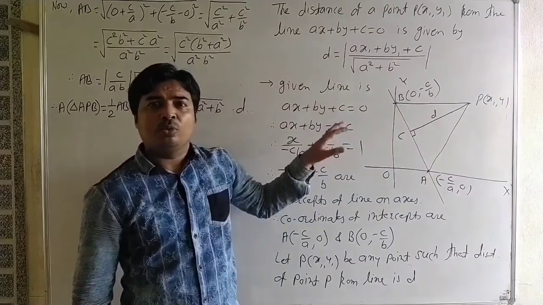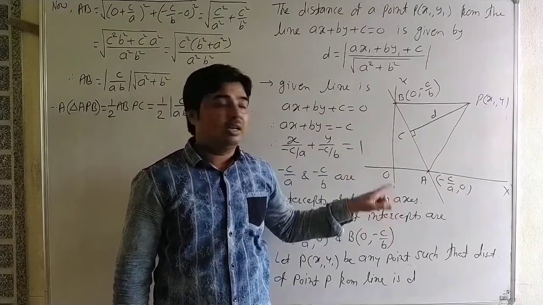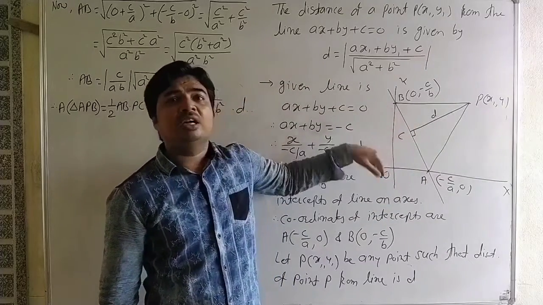Okay, now we find the area of triangle APB in another formula.